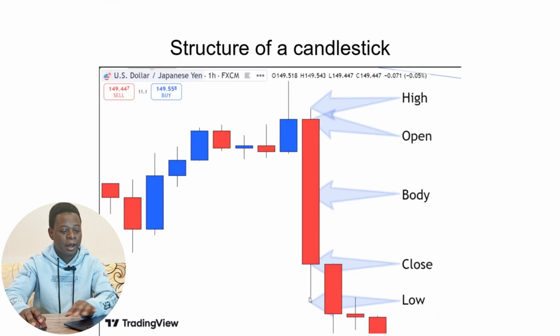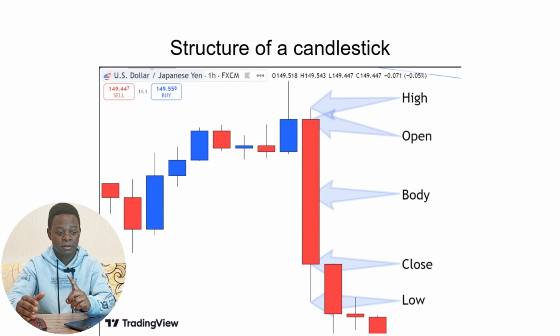And then you can see that by the end of this time frame, by the end of the hour, the market was around this area. So the closing price is the price at which the market closes by the end of that time frame. A lot of psychology is going on within one candle.